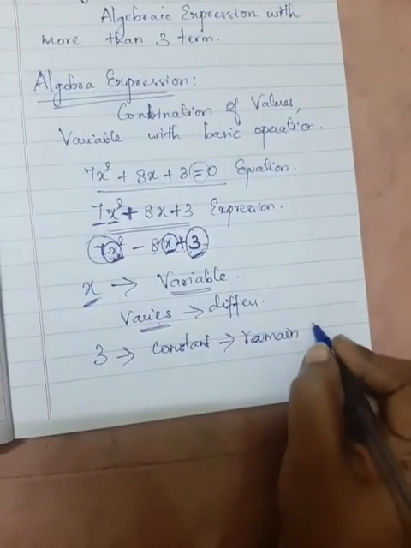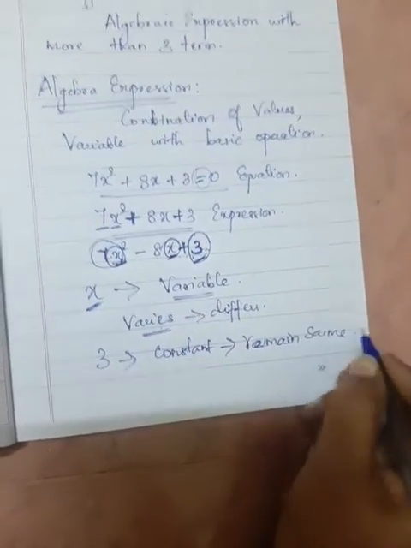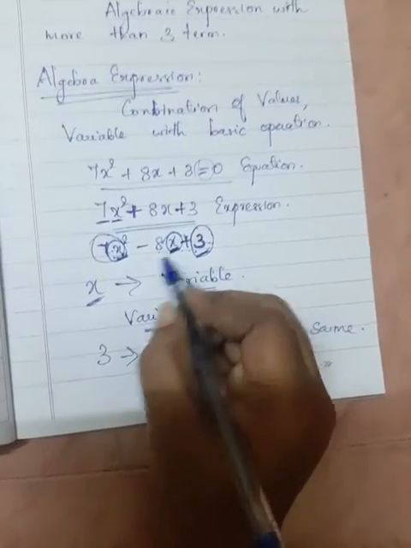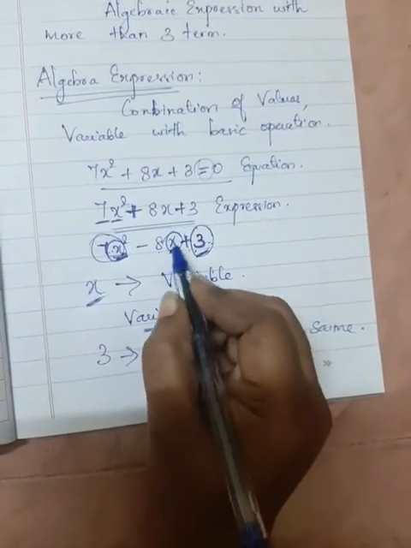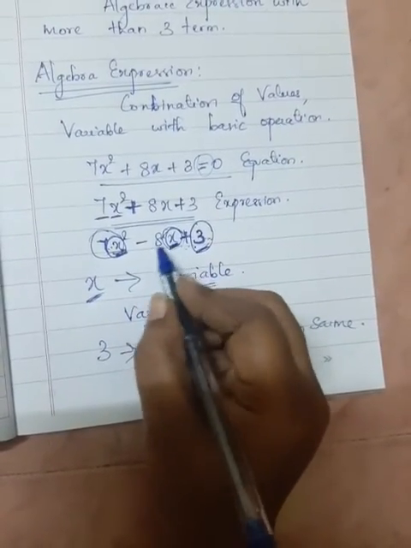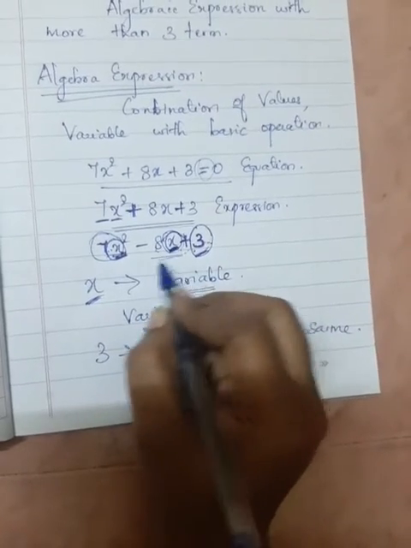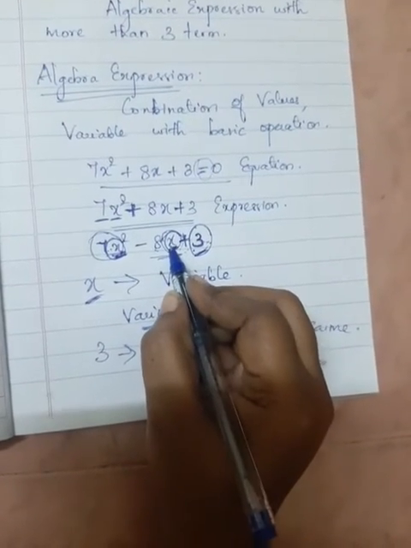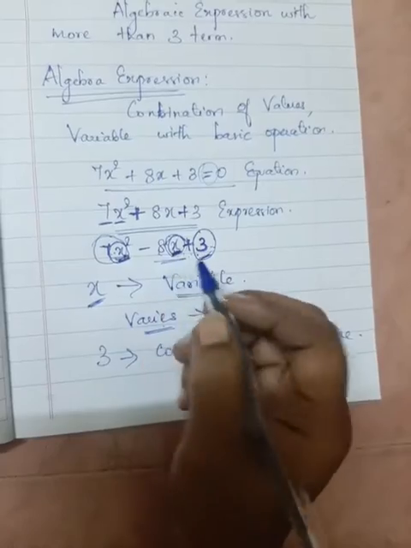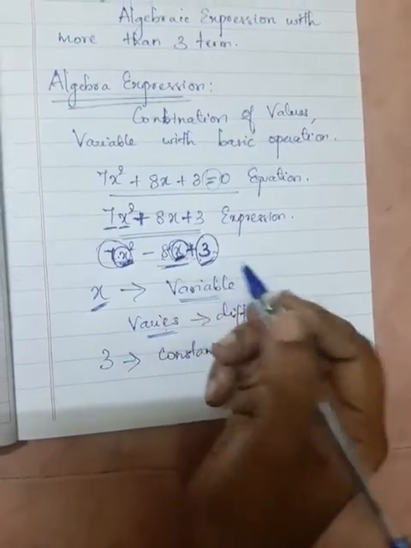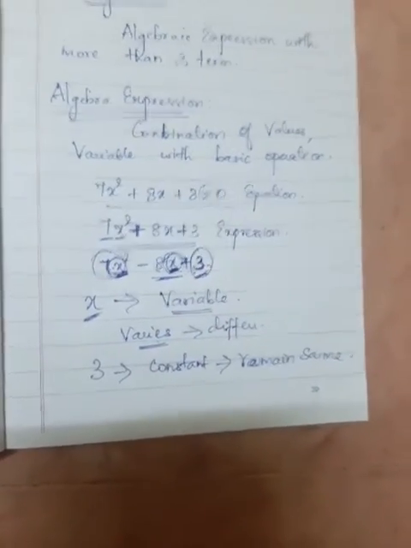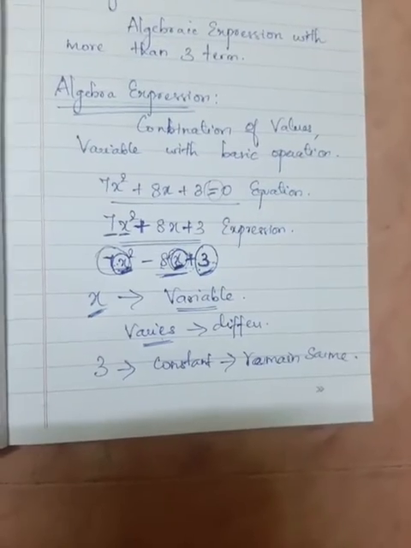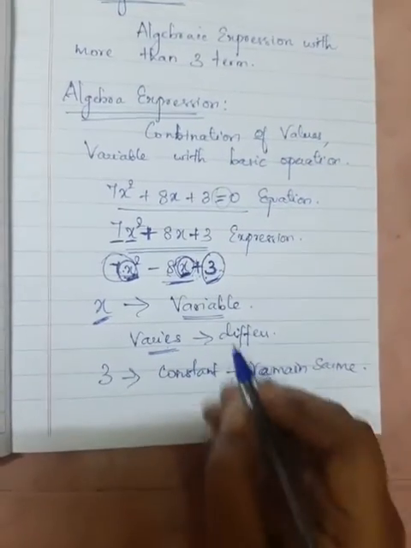It remains the same. Okay, whereas here this we call as variable because according to this value, the value of 8 into x varies. Okay, so according to this alphabetic value, the value varies. Whereas for 3 we can't change anything in place of this 3.